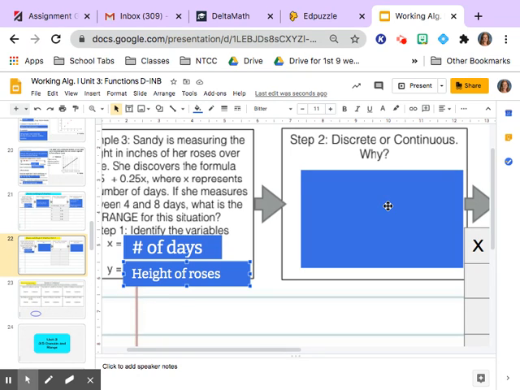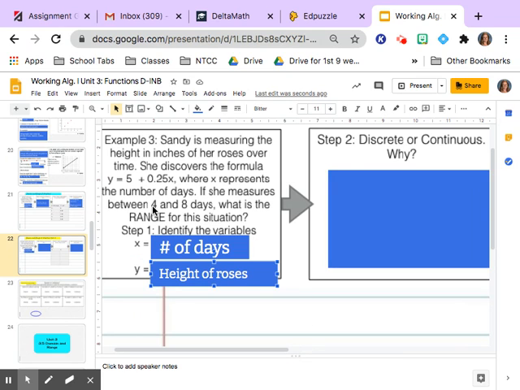Okay, is this going to be continuous or discrete? Measuring between 4 and 8 days. Could she measure at noon on day 4, which would be 4.5 days? Yes. And what is she measuring? The height. Can the height be decimals? Is the height continuing or does it stop?